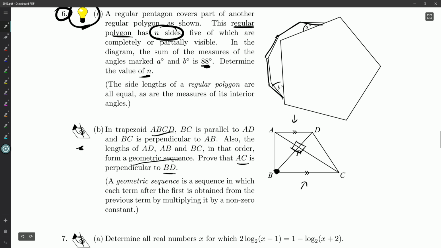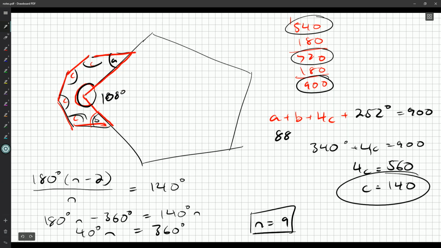But I think probably the easiest thing to do, especially with that 90-degree angle down here, is just to put these on coordinate axes. So, we should probably explain that.